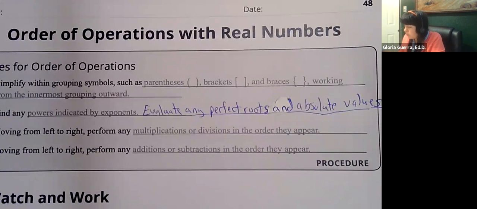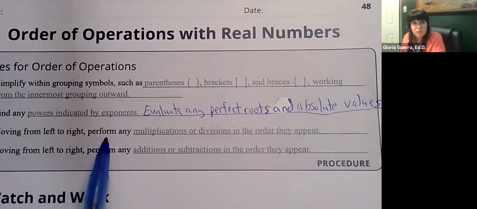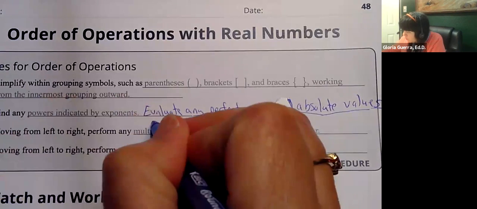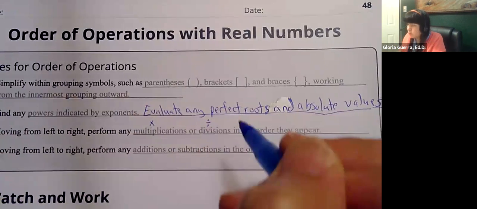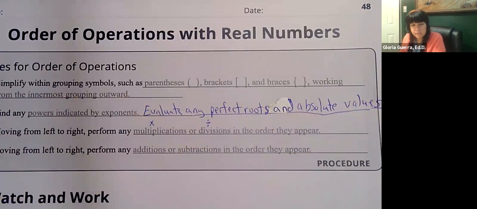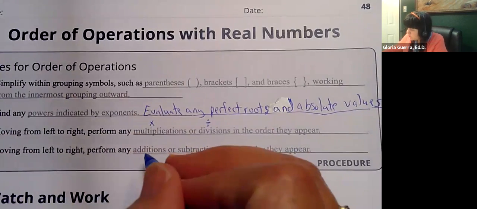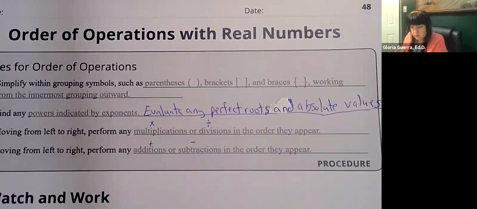All right, and then number 3, it's moving from left to right. Perform any multiplications or any divisions in the order they appear. And then step 4, moving from left to right, perform any additions or any subtractions in the order they appear.